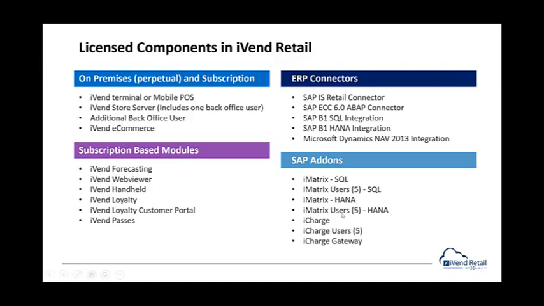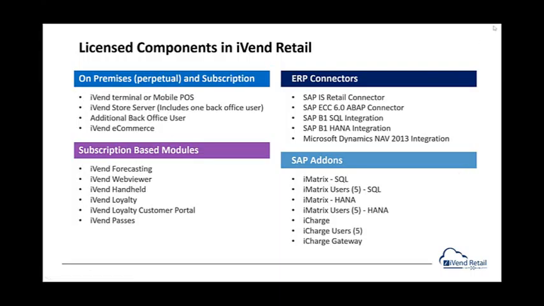So the first set is where we have on-premise or perpetual and subscription, the second category is only subscription, and the third category is only perpetual or only on-premise licensing. Here we have iVend Terminal or Mobile Point of Sale, iVend Store, iVend Store Server, an additional back office user, and iVend E-commerce. As we move along, I'll explain these in detail.